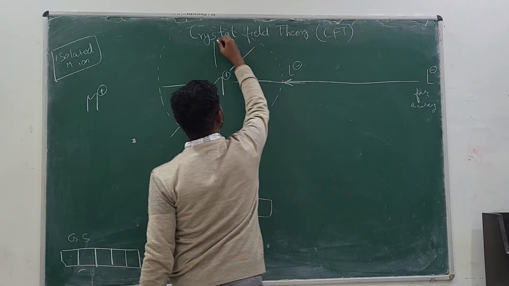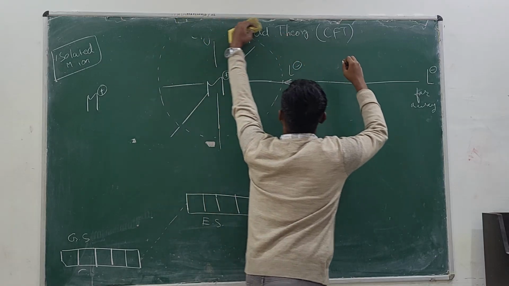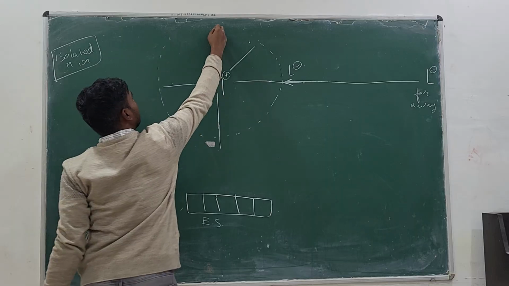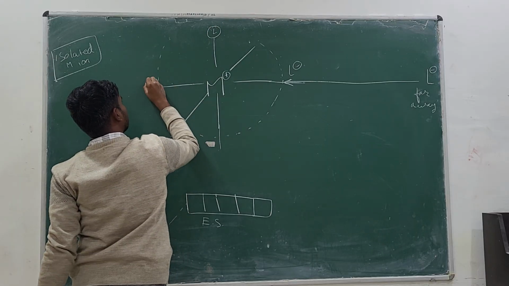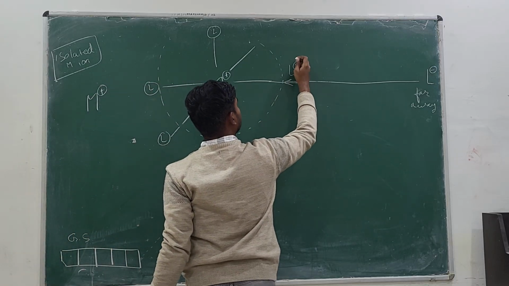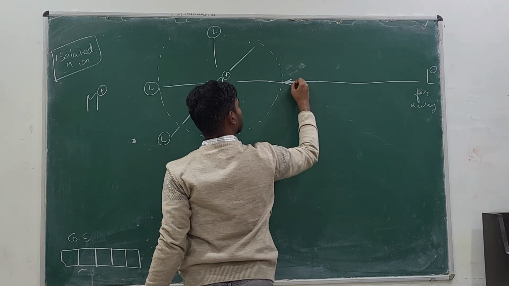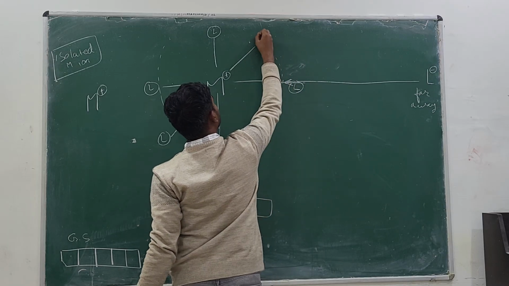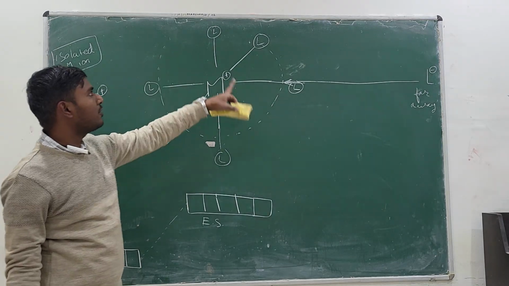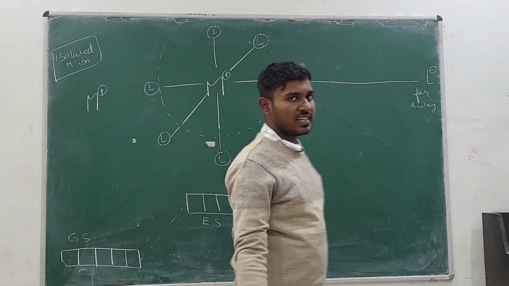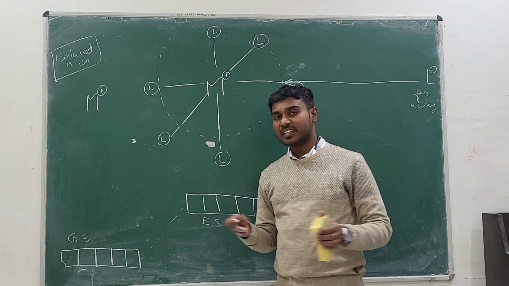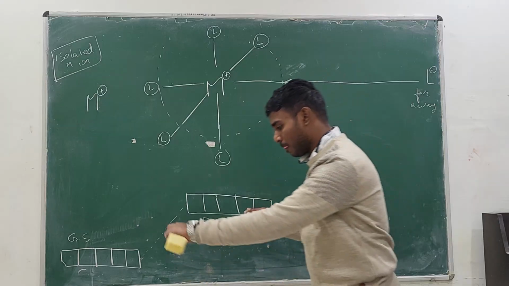Each axis has one ligand. So these are the 6 ligands in the octahedral complex, approaching from 6 different axes towards the metal.